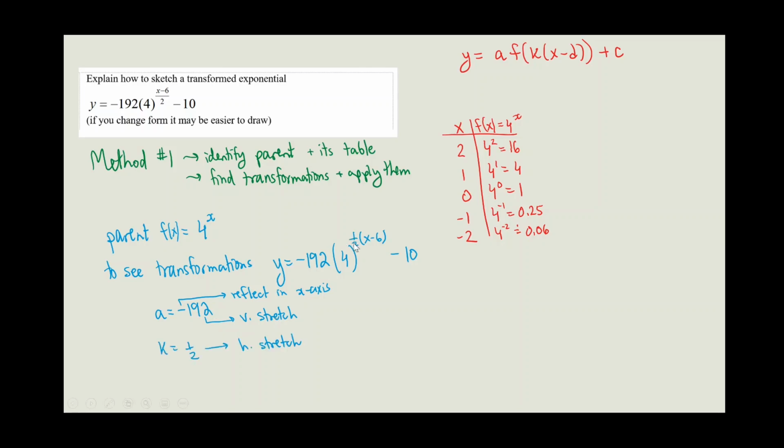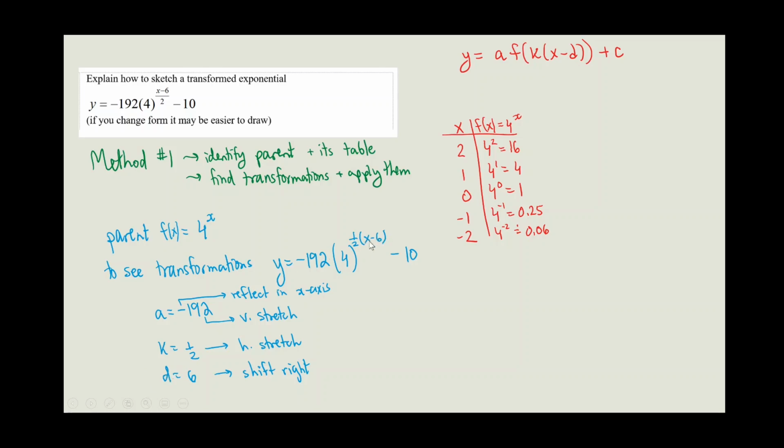Then any multiple inside of the function itself, so inside of the exponent, we have a multiple of 1/2. That's going to be a horizontal stretch. So if the number was bigger than 1, we would say horizontal compression, but because it's smaller than 1, we'll say a stretch. Again, this is review from the functions unit. Then the number that's being added or subtracted inside of the function, we call it the d, although you don't have to call it with these specific letters.